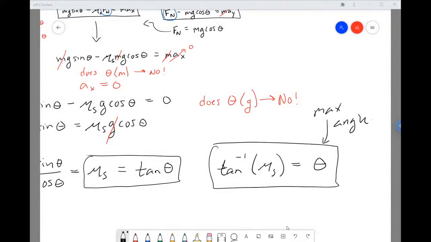What we find is that the answer here doesn't depend on g, the acceleration due to gravity. So this physics is planet independent. There's got to be some gravity, and you think, why might that be? The reason is you had two forces in this problem that depend on the strength of gravity.